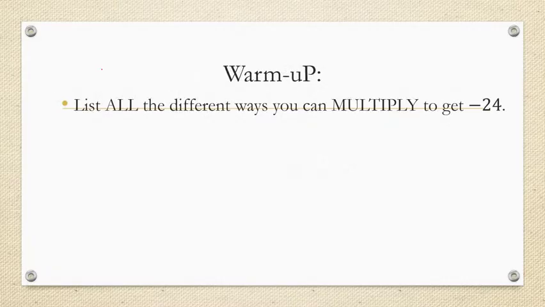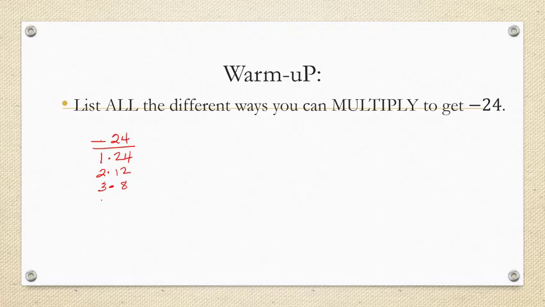Okay, so if I have negative 24, think of your times tables. 1 times 24. 2, if you take a calculator, 24 divided by 2, you're going to get 12. 24 divided by 3, you're going to get 8.